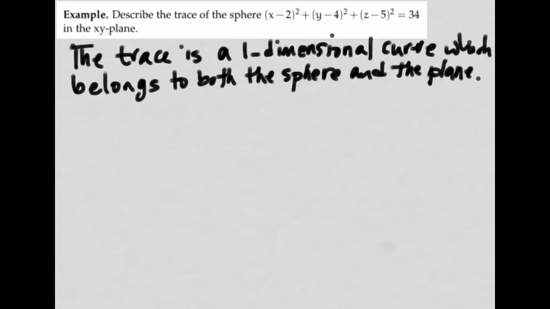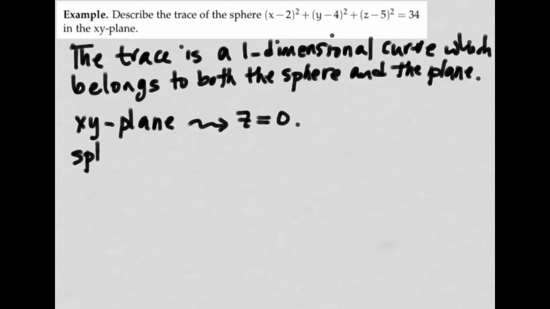Now the sphere is already given to us. Let's recall what the equation of the xy plane is. The xy plane has equation z equals 0. That is because any point in the xy plane has z coordinate 0. And as far as the sphere is concerned, let's rewrite the equation.